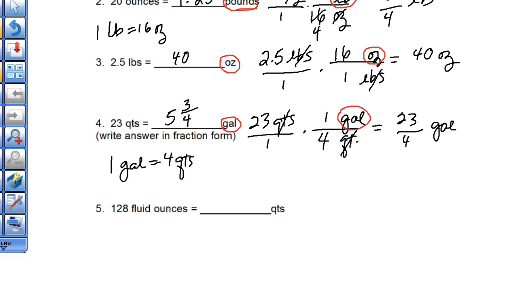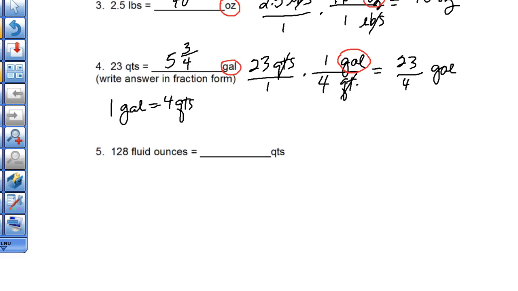The next one illustrates an important idea when you're doing conversions. Sometimes it's going to take more than one conversion factor. I have 128 fluid ounces. I'm going to multiply that by some conversion factors until I can end up with quarts. So I'm going to start with 128 fluid ounces.